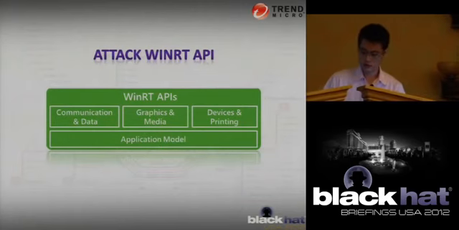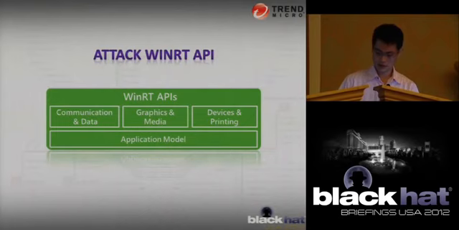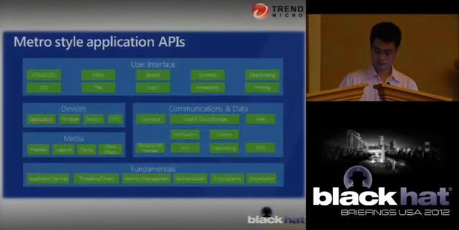In the next section, we will show you how to attack the WinRT API. You must know the API before fuzzing it. The MetroStyle app API can be categorized into UI, device, media, communication and data, and fundamentals.